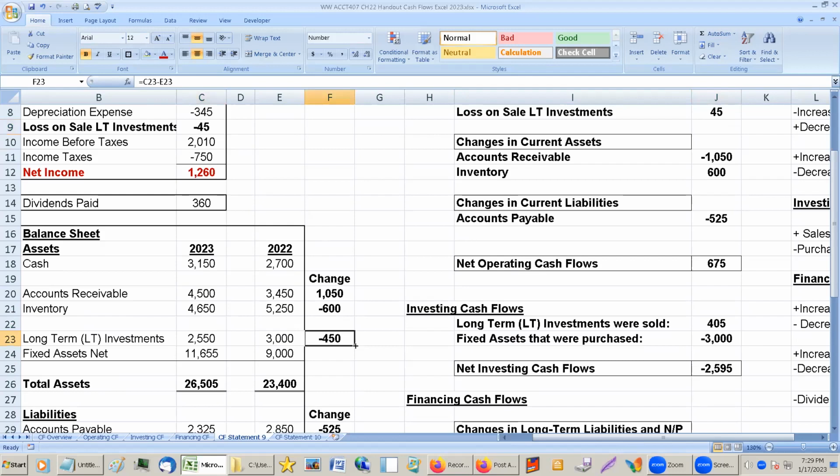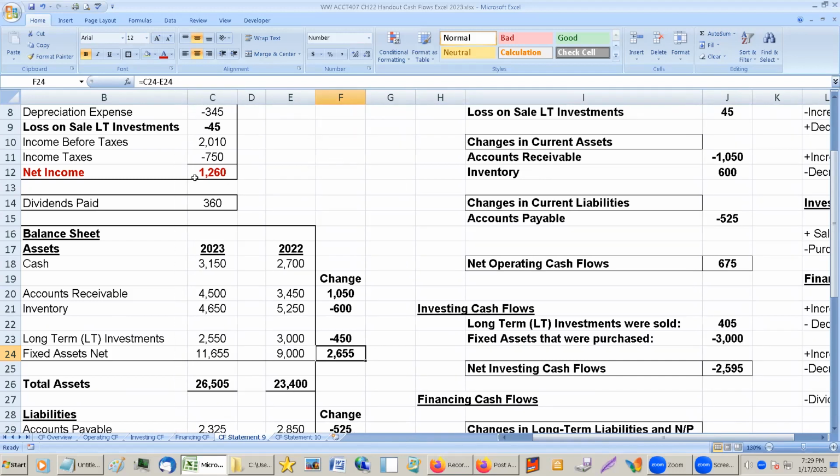Okay, let's take the other weird one. Fixed assets. We just bought $3,000 worth of fixed assets, but it only shows it increasing by 2,655. Why? Depreciation.